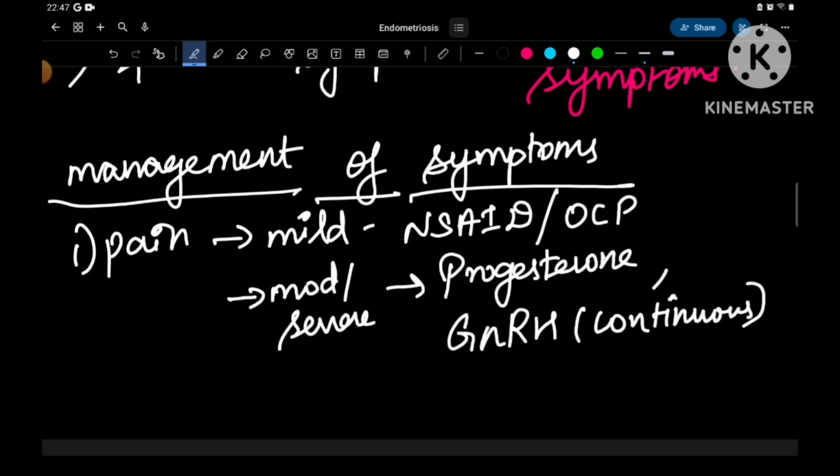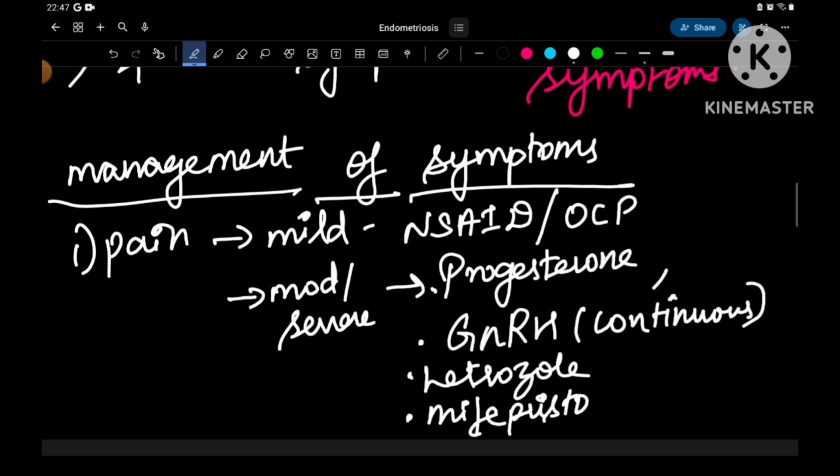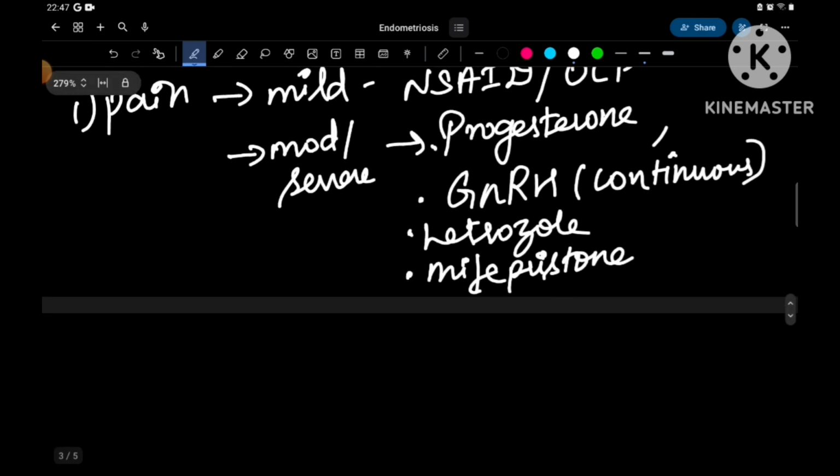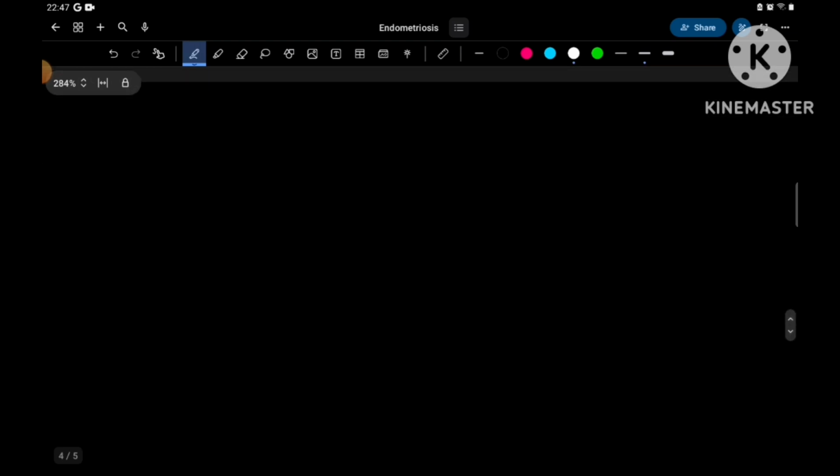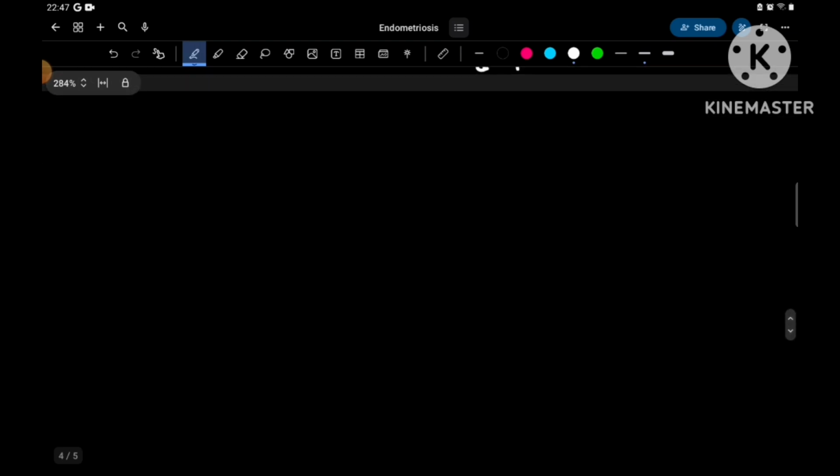Another thing we give is letrozole, which is an aromatase inhibitor. This is also a drug for PCOS. And we give mifepristone. You know another name for mifepristone? Hope everyone knows. That is RU486. We would have studied about that in MTP and all, right?